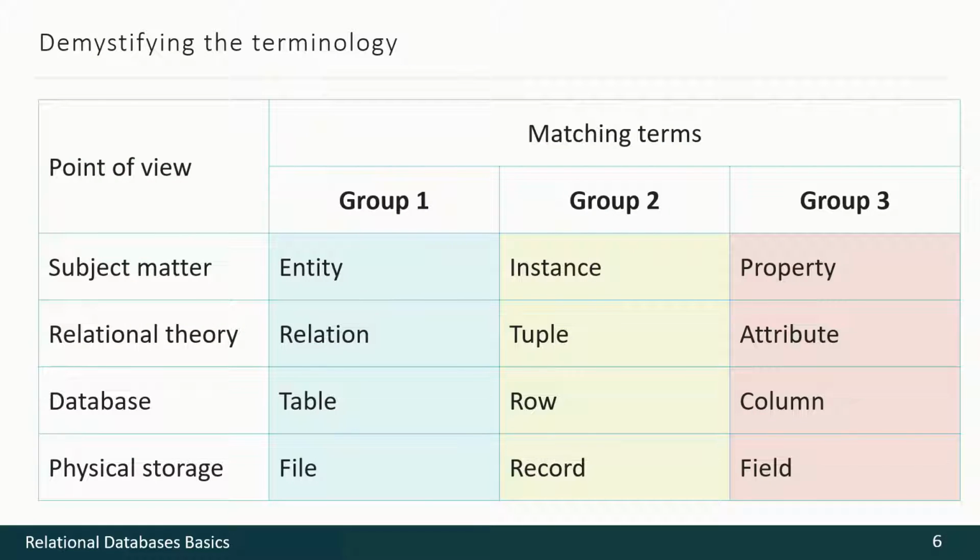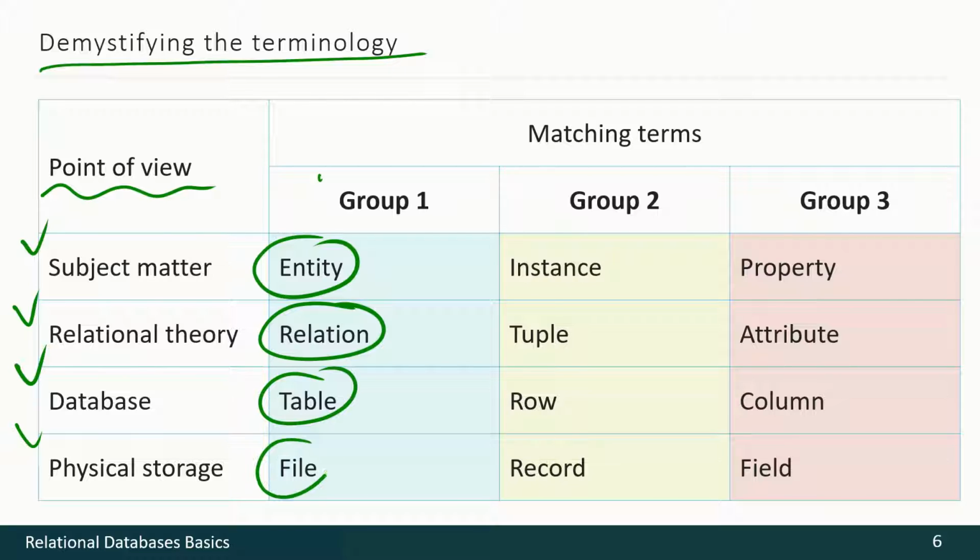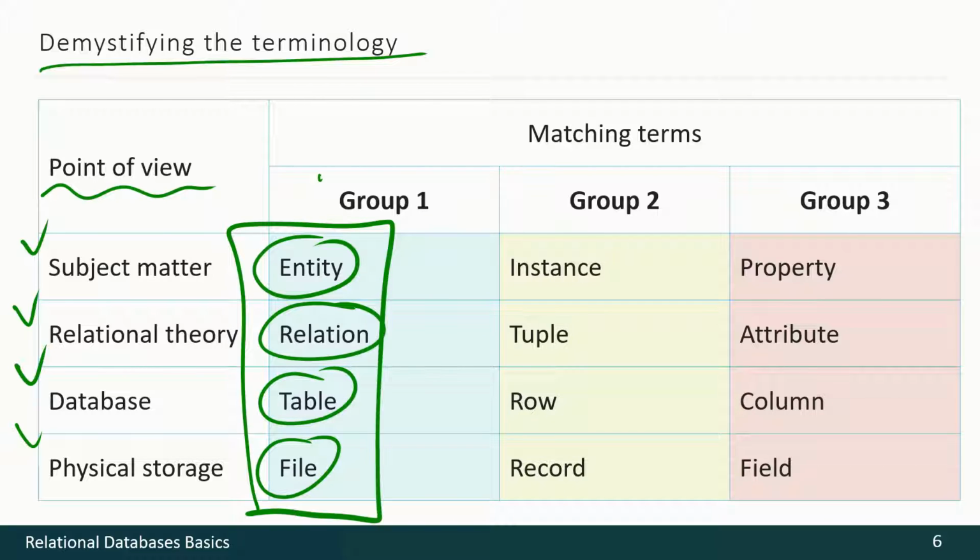And there are more definitions needed to be explained. We'll review them from different points of view: from the point of view of subject matter, relational theory, database, and physical storage. The first group describes something like entity, relation, table, file, and all those terms are synonyms. They only depend on the point of view. The second group is a group of synonyms too.